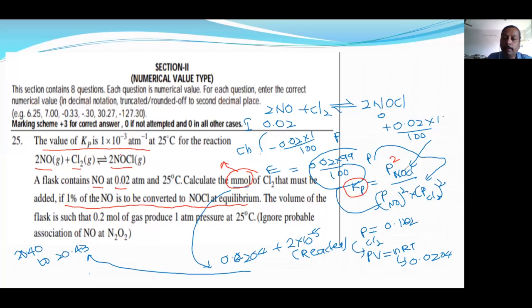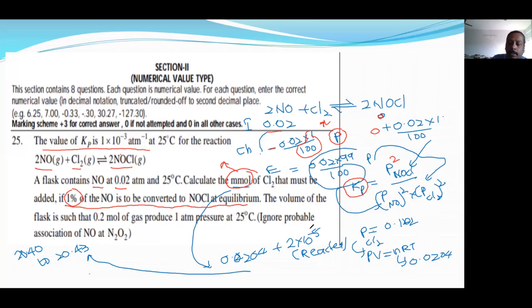Now I have substituted all the pressures. Initially NO pressure is 0.02, and there is no NOCl, so for the time being I take it as X. Then 1% of NO is converted, so minus 0.02 into 1 upon 100 for NO, and plus the same for NOCl produced. Cl2 that must be added is P, so X plus P, but our intention is to find P first, and then X afterwards.